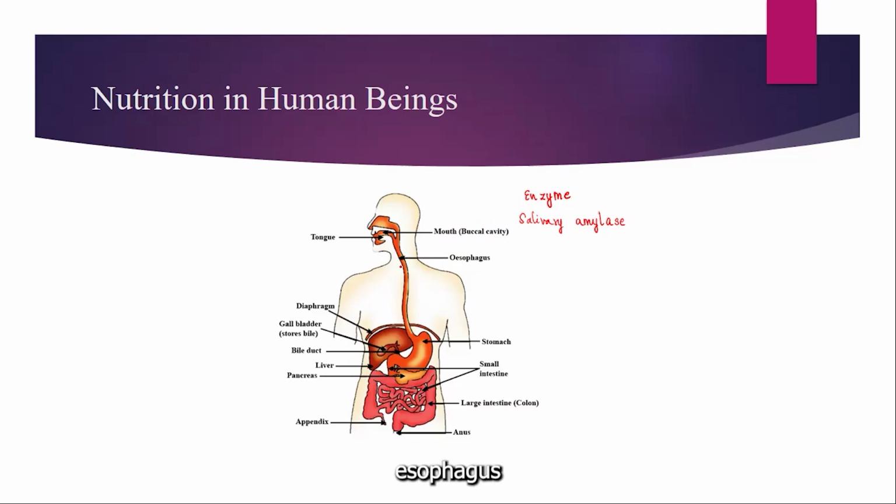The esophagus is the food pipe which conveys our food from the mouth to the stomach. The stomach is a large organ which expands when food enters it. The muscular walls of the stomach help in mixing the food thoroughly with digestive juices secreted by the gastric glands present in the wall of the stomach.